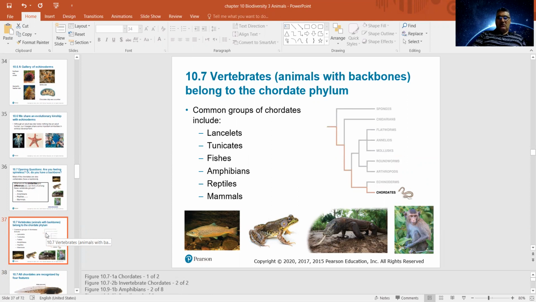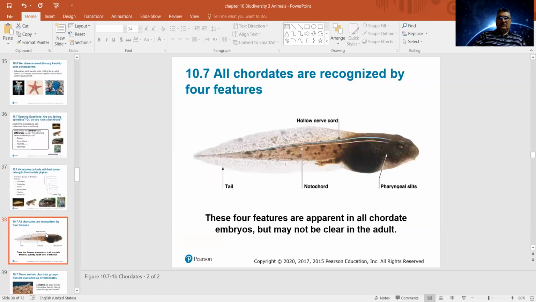We're talking about this phylum, chordates. Most of the chordates are vertebrates. Not 100%, but most of them have the vertebrae or the backbone.